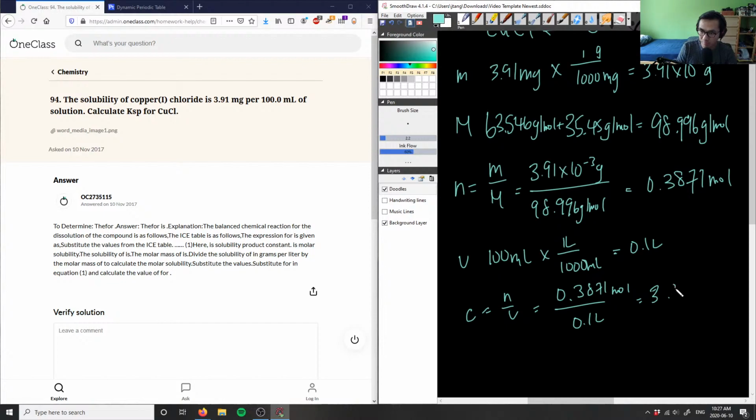This is 3.871, and here is capital M, molarity. Once we have the concentration, we can finally set up our ICE table to solve for our Ksp for copper chloride. So we can do that.